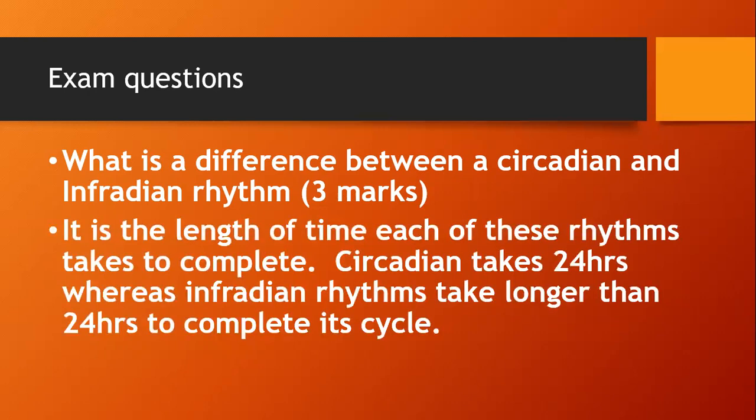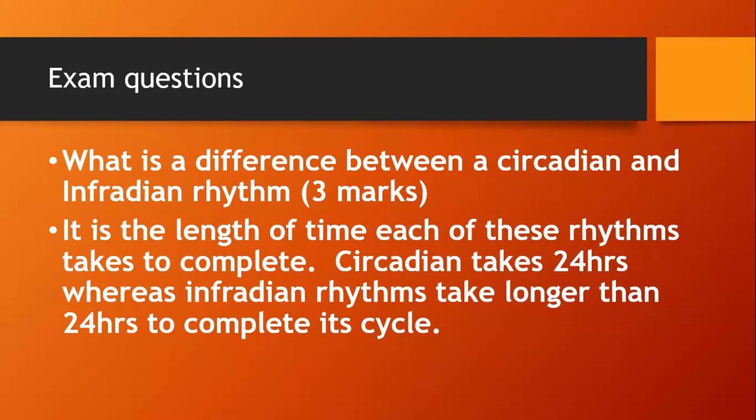It is the length of time each of these rhythms takes to complete. That's the difference. To get your 2 marks, circadian takes 24 hours, whereas infradian takes longer than 24 hours to complete its cycle. So we've stated what the difference was, and then we've explained what the difference was.